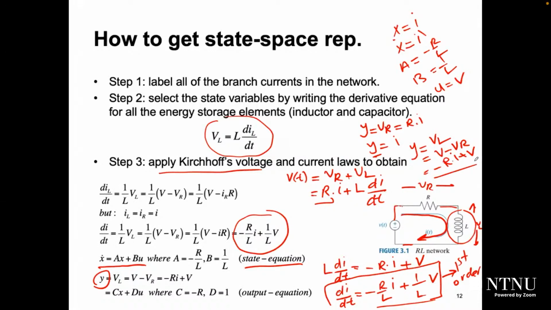So the output equation will be Y equals minus R multiplied by I plus V. According to the state space representation, the output equation Y should be Cx plus Du, right? So the C vector will be minus R, and D will be equal to 1.